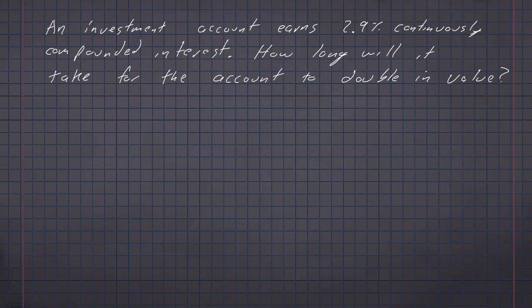Because we know that whenever you're talking about exponential growth or decay, you're going to look at a formula like A equals P times e to the RT. And in this problem, we know that R is 2.9%. So we get A equals P times e to the 0.029 times T.